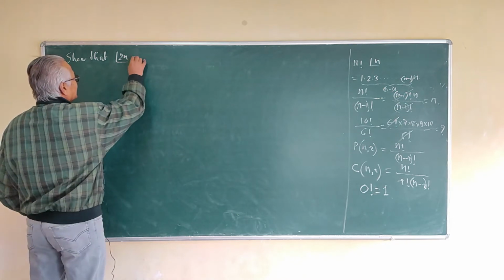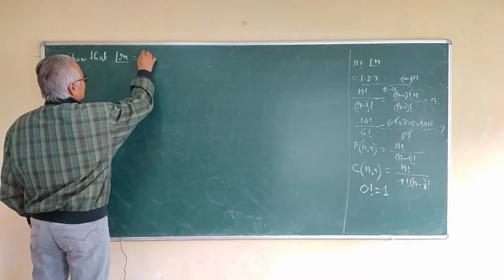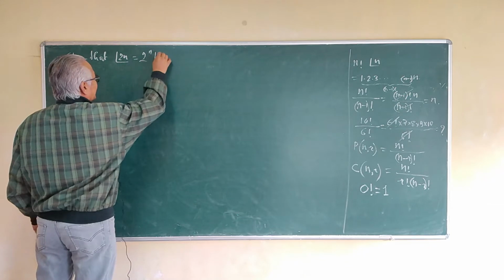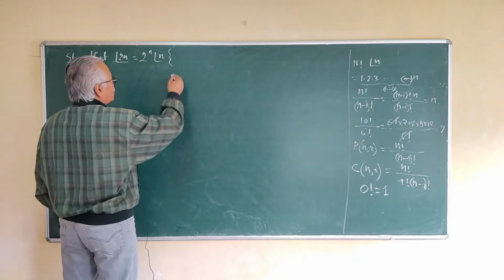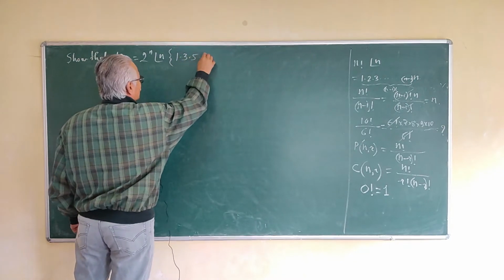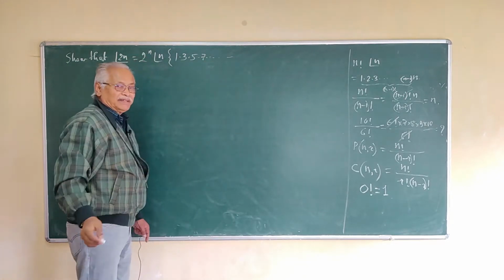We have to show that this is equal to 2 to the power n, then n factorial, and within the curly bracket you have got 1 into 3 into 5 into 7 into, what will be the nth term?